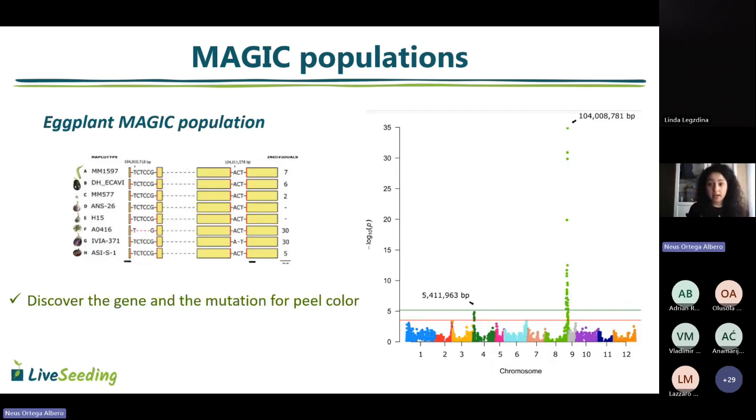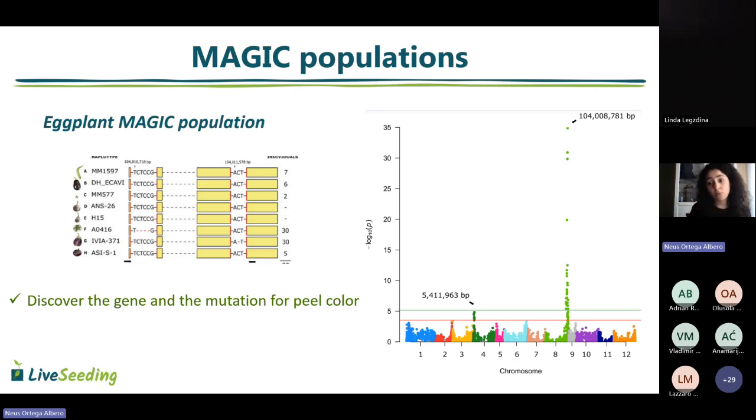They have also analyzed in this RIL population the fruit quality, for example, the color of the peel, and they have found a genomic region, the gene, and the mutation of the transcription factor which causes a different pigmentation of the peel.